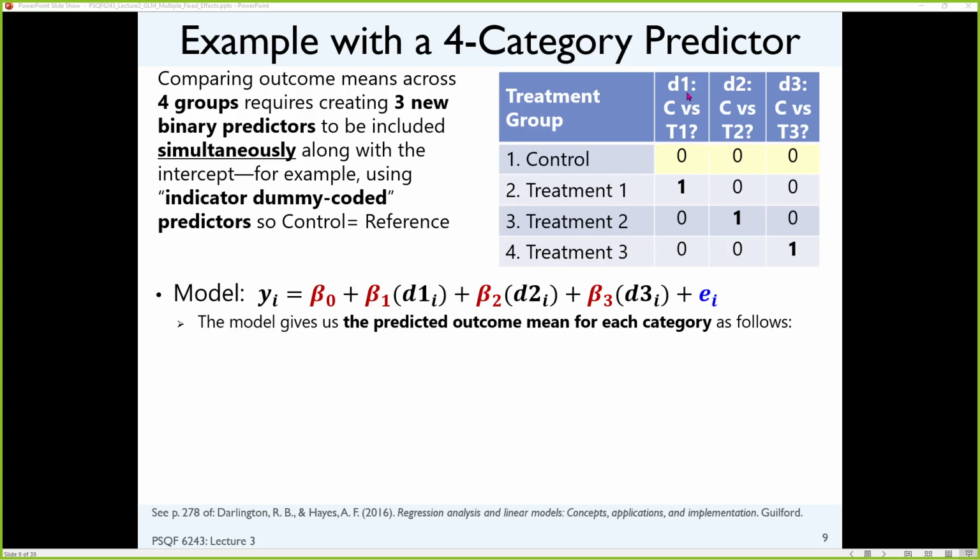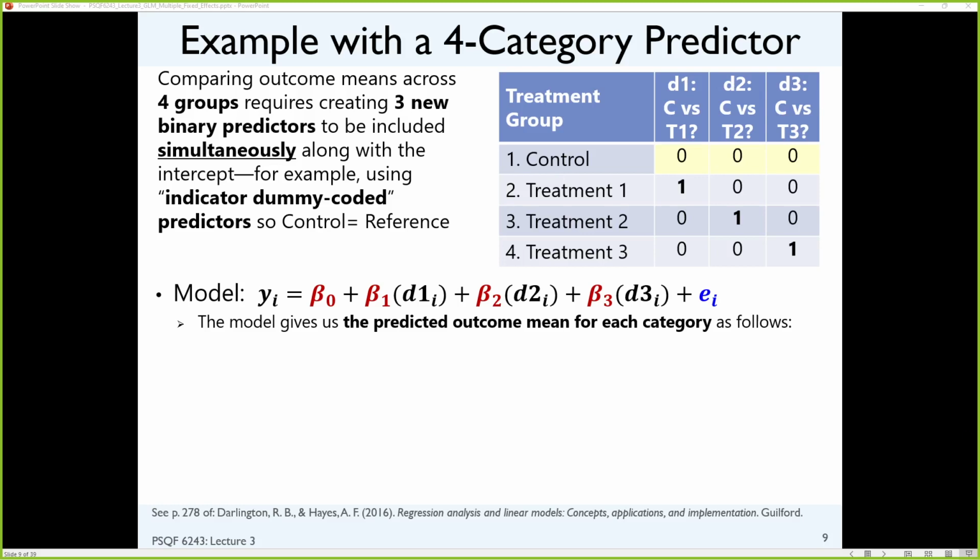Now, could I name my predictors 1 or 2 or 3? I could not, because variable names cannot start with numbers. So that's the one limitation. And I would avoid special characters other than underscore as well. So D1, D2, and D3 are the new predictors that I'm going to create.